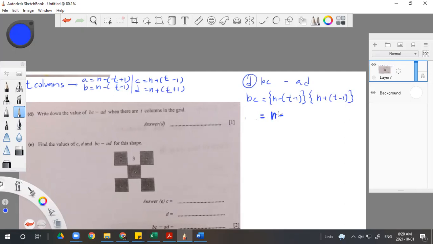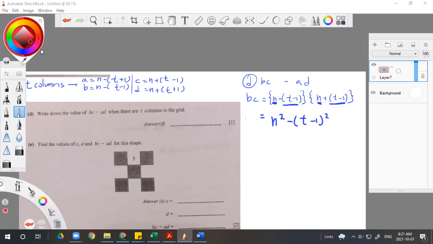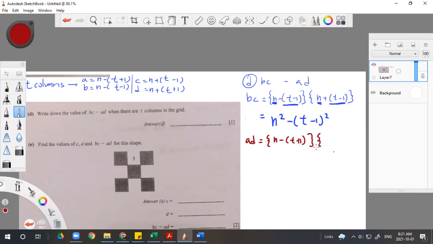So this will be N square. See, this and this: A minus B times A plus B, right? So N square minus A square minus B square. Just keep it for now. Then AD is N minus T minus 1, N minus T plus 1, and subtract T plus 1 times D, N plus T plus 1.